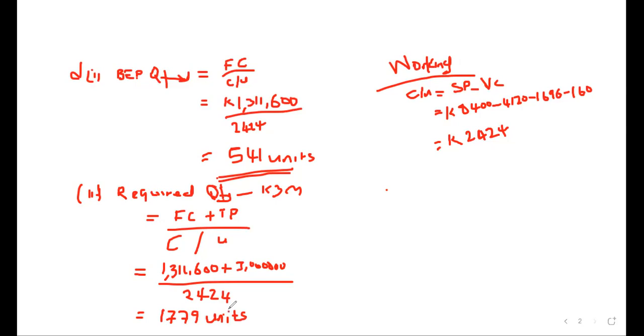So this is the required units to sell, which we need to sell in order for us to make a target profit of 3 million. So my students, this is how you can tackle this question. It's not very complicated as long as you understand and you know the formulas, which formula to use.